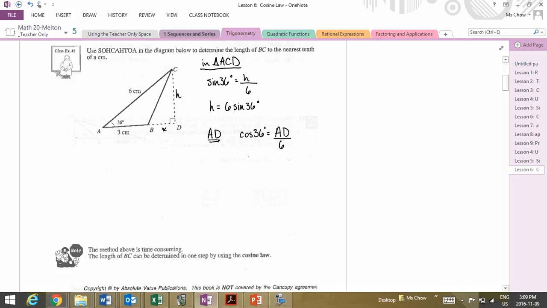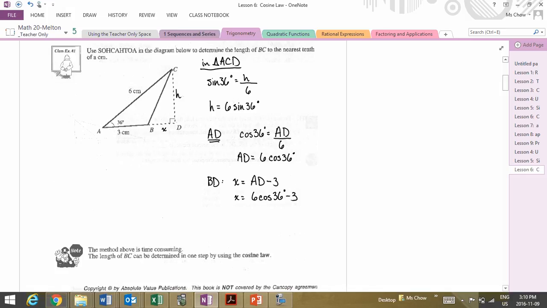To isolate AD, we multiply both sides by 6, so AD is going to equal 6 times cosine 36 degrees. So if I want BD, which I've labeled as X, X is going to equal AD minus 3. So X is also known as 6 cosine 36 degrees minus 3.